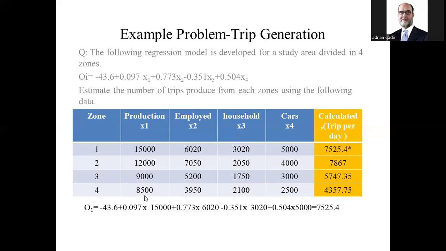And zone number 4 is producing the fewest trips, which can be seen because every parameter, 8,500 and all those parameters here, for zone 4 are less than the others except this value, household, but since this has a negative impact, that's why it has got these trips.